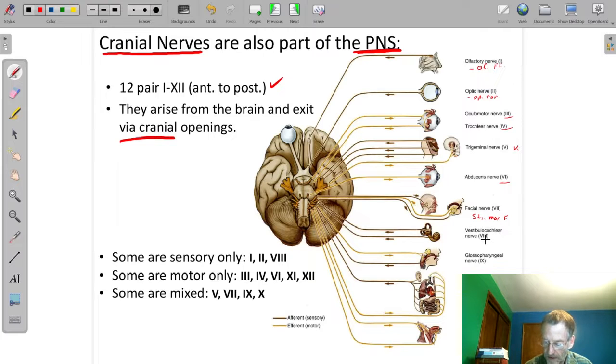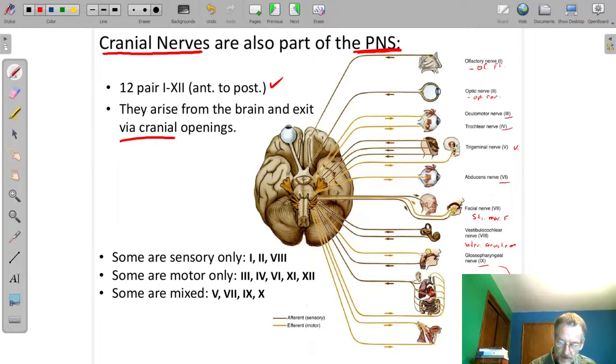The vestibulocochlear, we were dealing with the internal acoustic meatus, part of the temporal bone. The glossopharyngeal, 9, 10, and 11 were all going out through the jugular foramen, JF, and the hypoglossal is going out through the hypoglossal canal. You can go back and review all that if you want. We will come back to it.